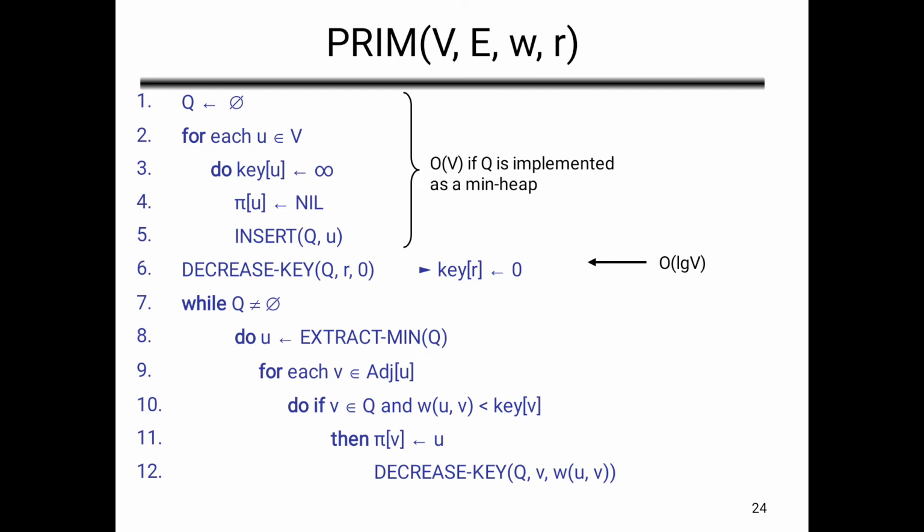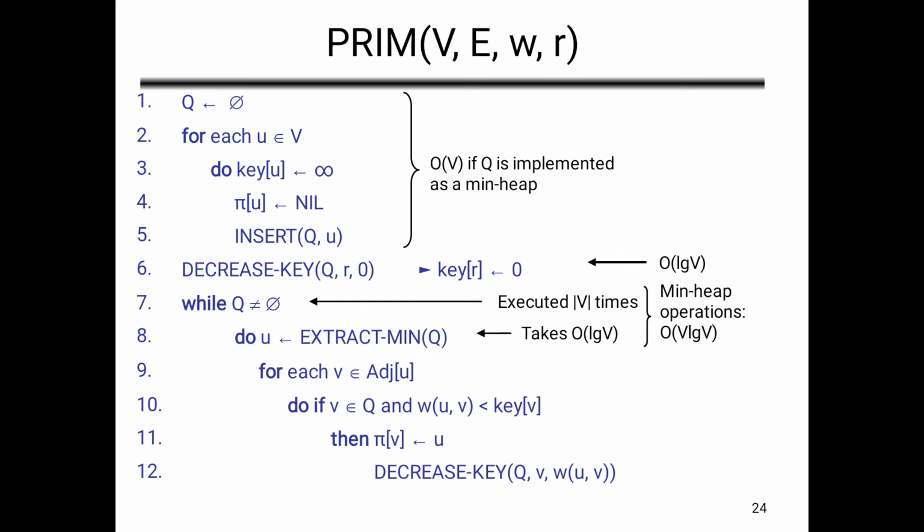And this is the basic algorithm for choosing the vertices. And the complexity, building the minimum heap is order of V. And after decreasing the keys, we get order of log V. And the while loop has to execute V times. And we have to extract V log V. That means order of V log V, the minimum heap operation.